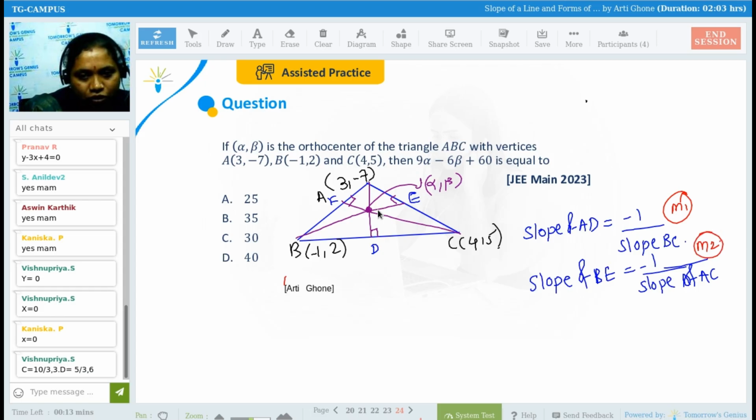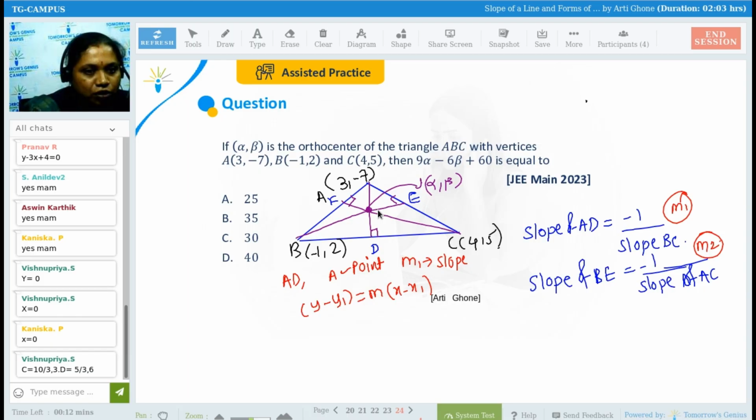Then for the equation of AD, coordinates of A is a point and m1 is the slope. So which equation is used? Slope point form: y minus y1 is equal to m into x minus x1. This is my equation 1.